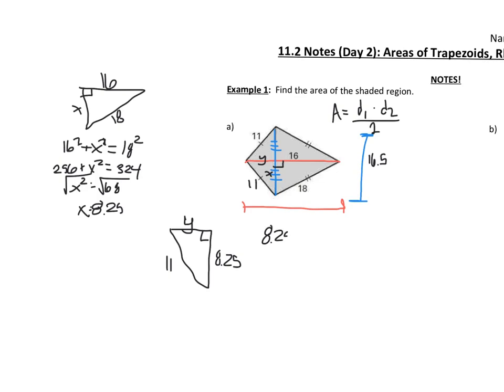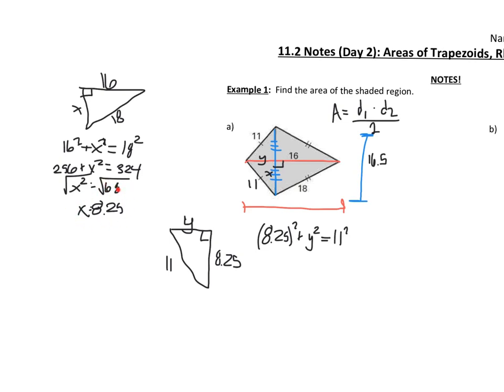I've got 8.25. That quantity squared plus my y squared should equal 11 squared. Okay, 8.25 squared. Well, if we look back at my problem over here, when we took the square root, I got 68.